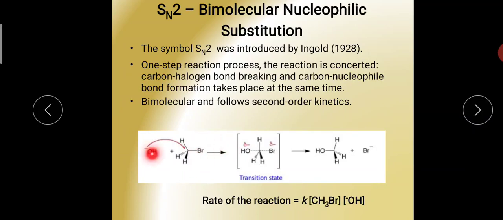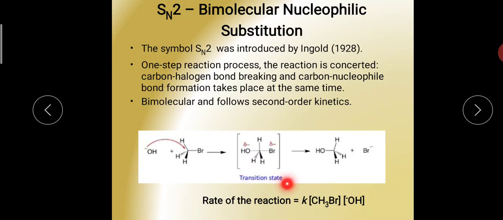So OH minus is the incoming group, Br is the leaving group, and this alkyl halide is the major substrate that is involved during the reaction. So when I talk about the mechanism of this reaction, as I told you, this takes place in one step. But here I see there are two arrows, which means there are two steps, but no. There is only one step, and this particular reaction proceeds via a transition state.